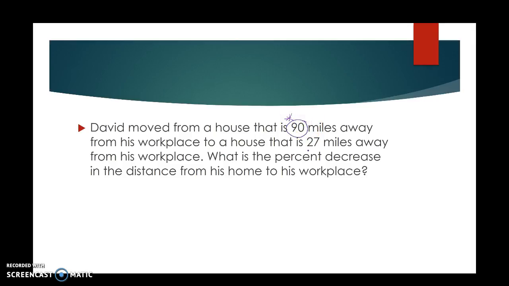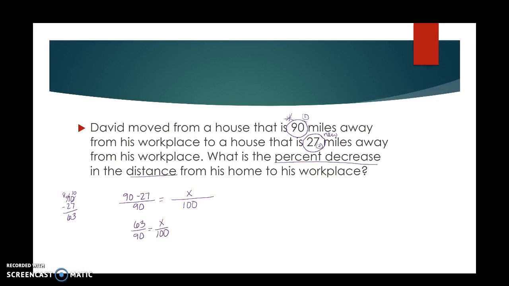I'm going to go ahead and put my star. To a house that is 27 miles away. So that was the original. This is the new. What is the percent decrease in distance from his home to his workplace? So you guys are going to go ahead and set up your proportion and solve it.